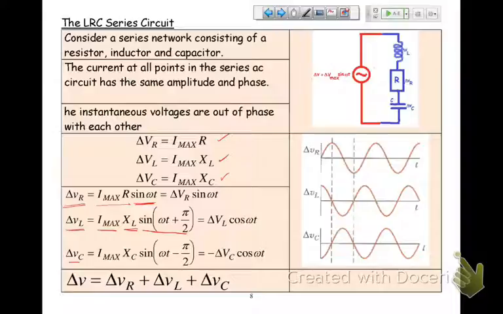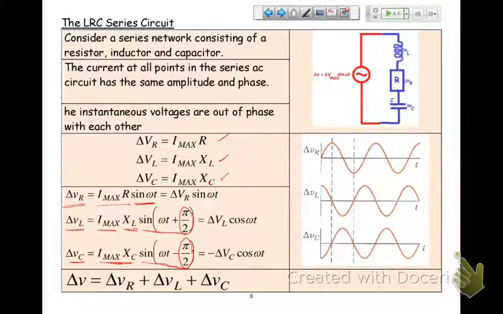And I get this guy for my capacitor, and again, it's the maximum current times my reactance for my capacitor, modified by the sine omega t minus pi over 2. There's a plus pi over 2, which is added 90 degrees. There's a minus pi over 2, which is subtracted 90 degrees.